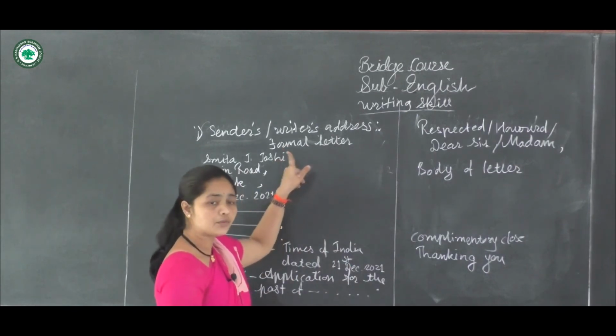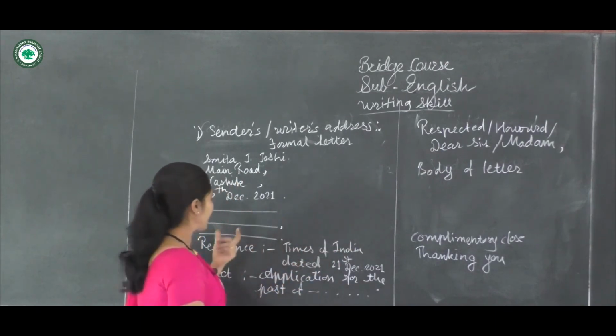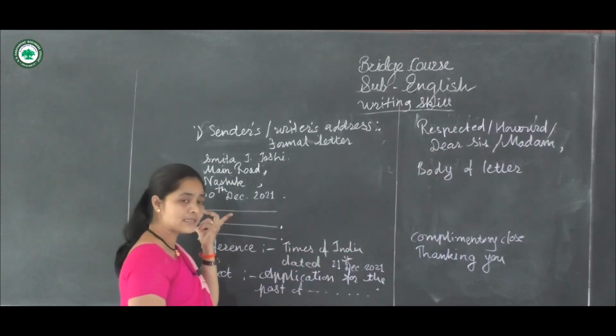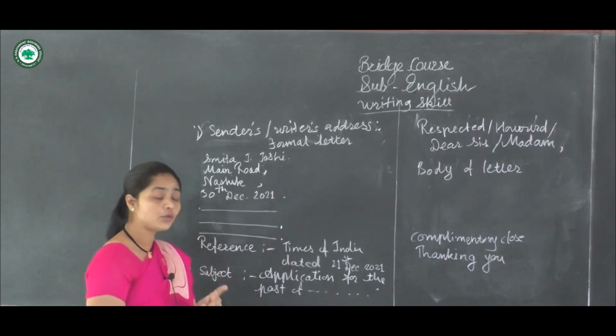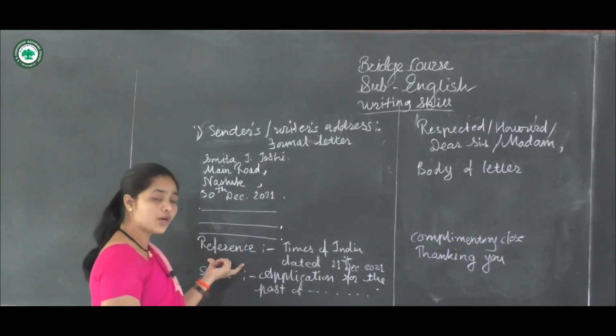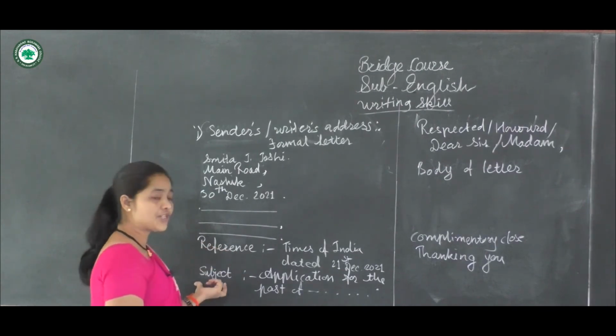Pay attention to all these points. It's a formal letter, that's why we have to write the receiver's address. It's an application letter, that's why we have to mention the reference, job application letter. Then we also have to mention the subject.